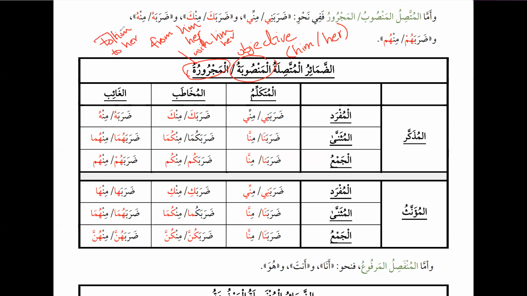So with the prepositions, you find in Arabic as well as in English, the pronouns that are used are the same. These are called objective pronouns, right? I saw him, I saw her, I'll talk to him, from him, with him, on him, on her, هكذا.